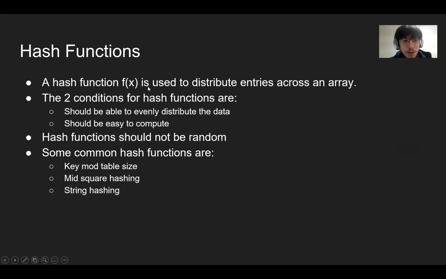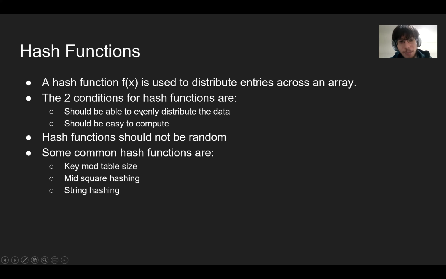And the two conditions are kind of important. The first is that it should be able to evenly distribute the data. So it shouldn't always give 0, for example. You don't want everything at 0 because then that's not very helpful. You want it to evenly distribute across the array you're using. You want it to be relatively random, which is good, because that means it wouldn't take very long to access each element, because there's only one element in each place in the array, for example.